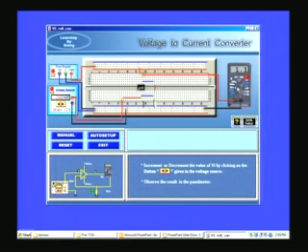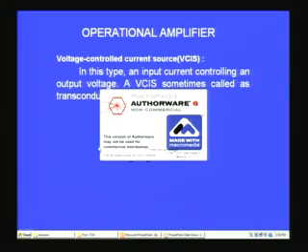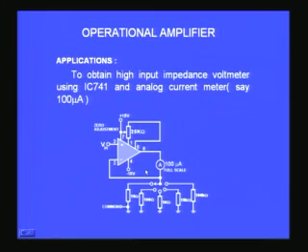So you would find the reading corresponds to that, and I can increase the voltage here, and correspondingly the output also changes in a linear fashion. The conversion factor is the 10 kilo ohm resistor that is coming into that. So V in by 10 kilo ohm should be the current that I am getting at the output. Now I will quickly go to the table and show you the demonstration of this voltage to current converter circuit.